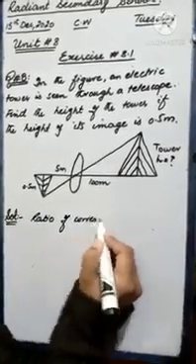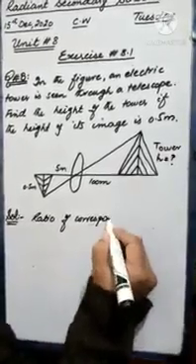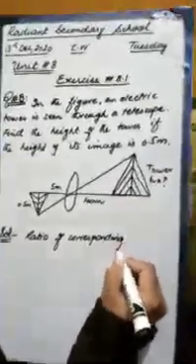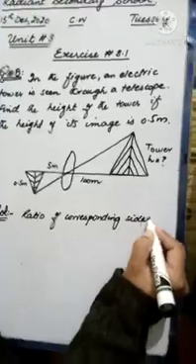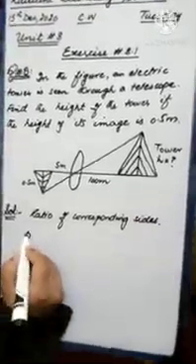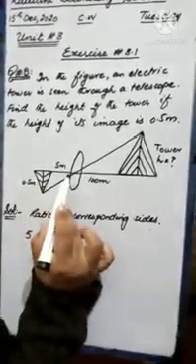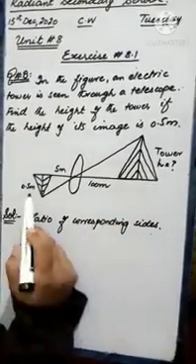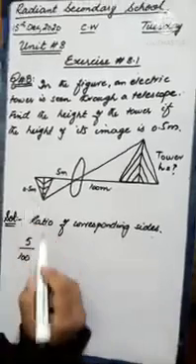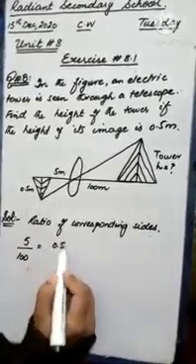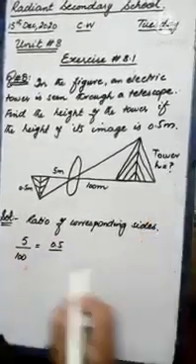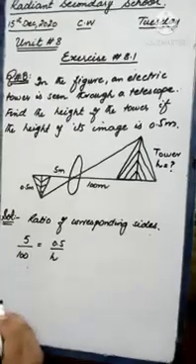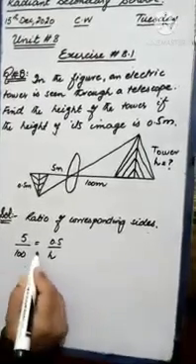Corresponding sides will be 5 ratio 100, and again from the same triangle, 0.5 ratio H. Clear?